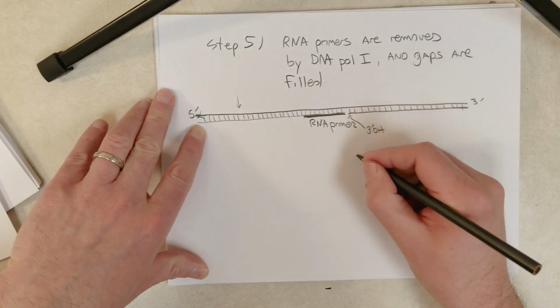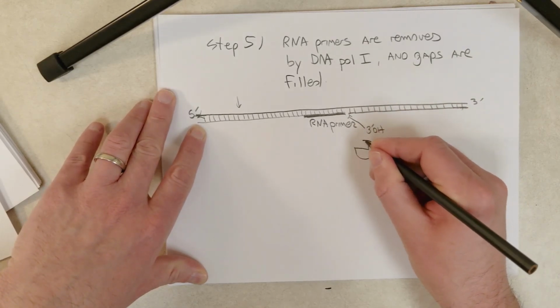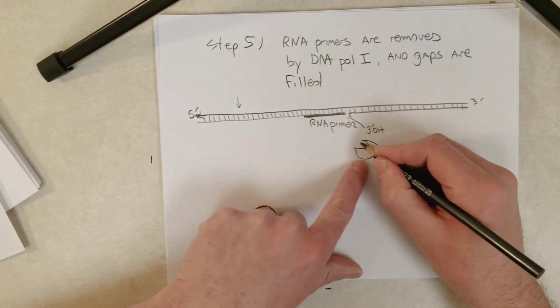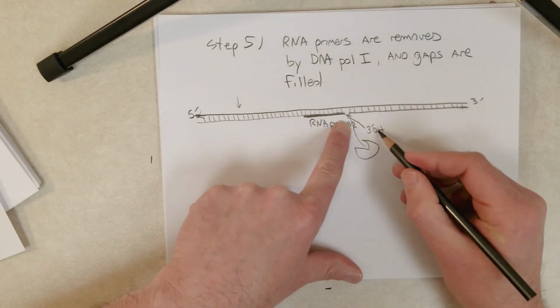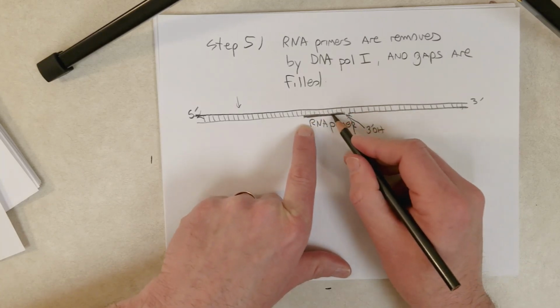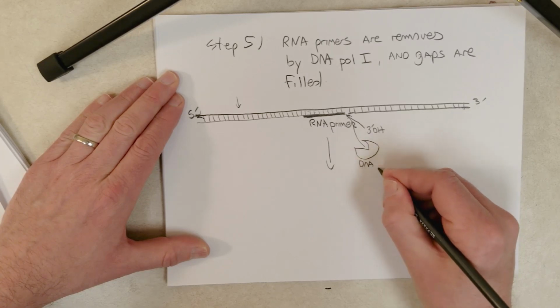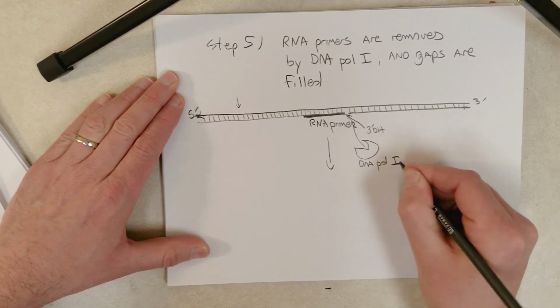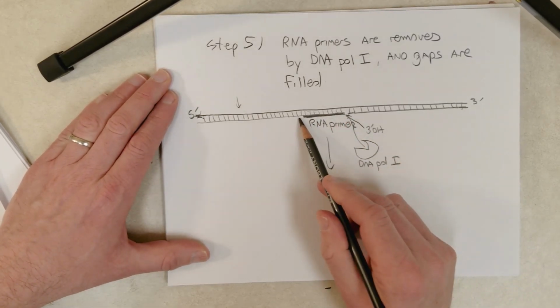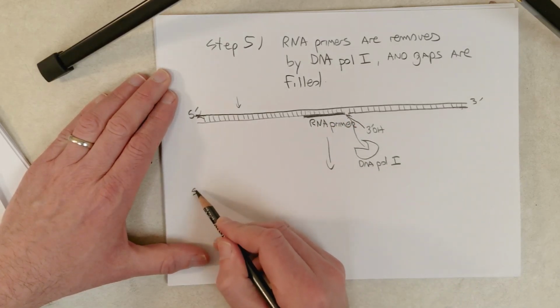Okay, so DNA polymerase I, it's going to enter here, use that 3' OH, it's going to put down DNA nucleotides, and it's going to remove that RNA primer. So DNA pol I can chew out that primer and put down new DNA nucleotides.